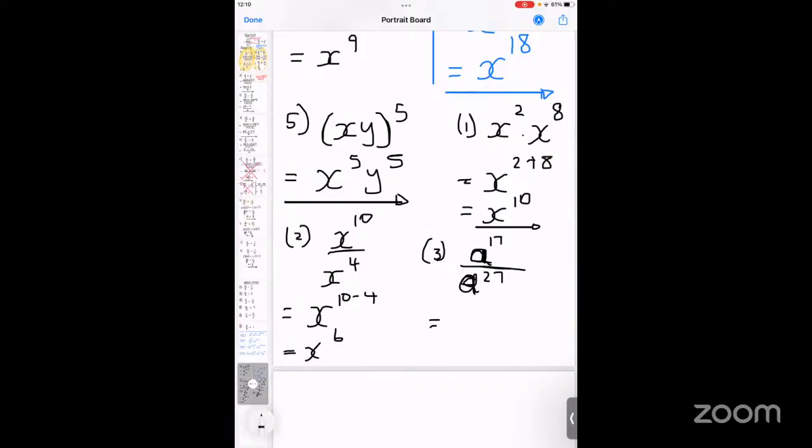The first step you're going to do is say a to the power of 17 minus 27. And that gives us a to the power of negative 10. Negative 10. Okay. Is it done?